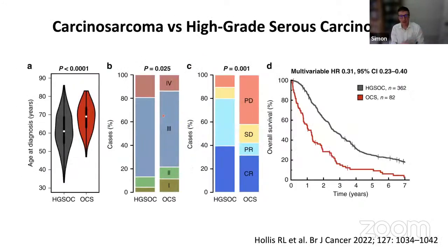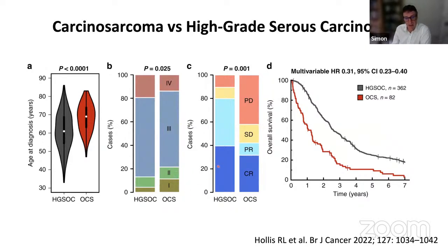Now, does any of this matter? Well, going back to our original study of the clinical pathological features, you can see here that carcinosarcomas present at an older age. But crucially, in this panel here, you can see that there is a stage difference. There are more ovarian carcinosarcomas presenting as stage 1 disease than high-grade serous carcinoma.